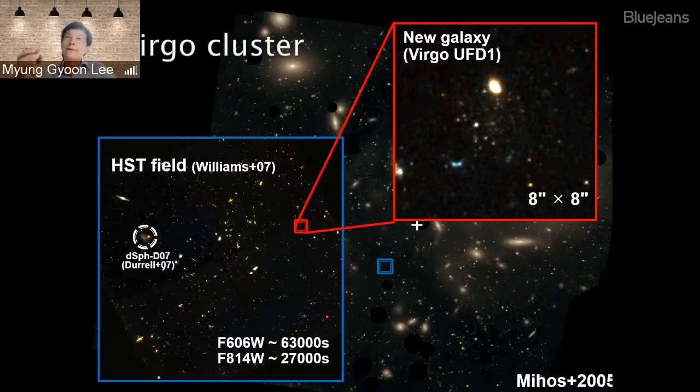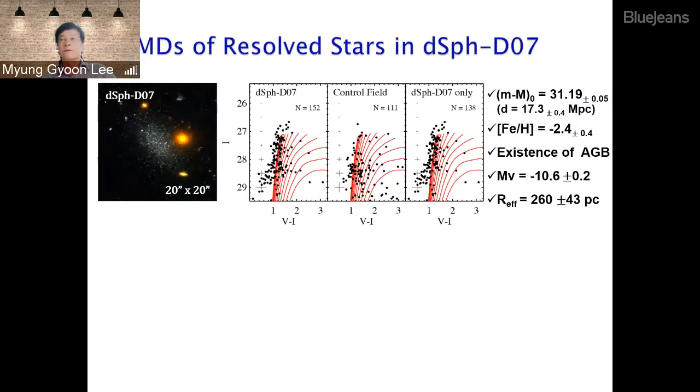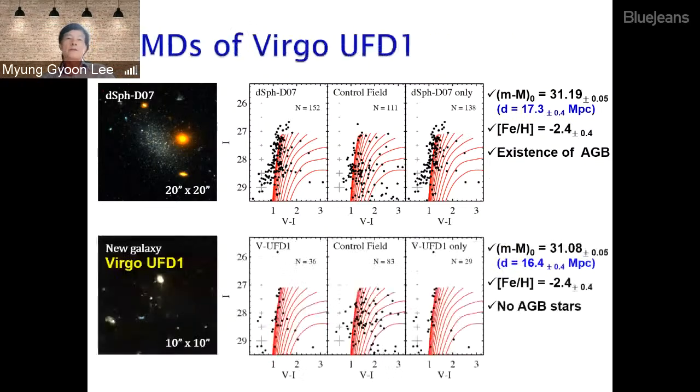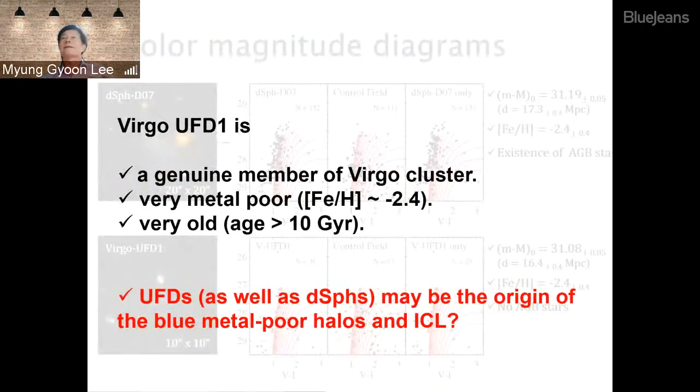You can see a small number of point sources, which are actually members of a new galaxy. So we named it Virgo UFD1. Looking at the CMD of known dwarf galaxies and the CMD of the new UFD, they show a very metal-poor red giant branch, showing that it is a genuine member of the Virgo cluster with a very low metallicity.